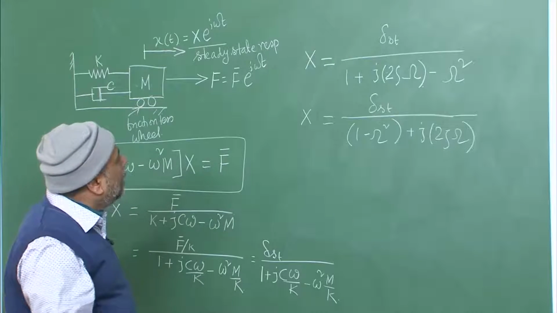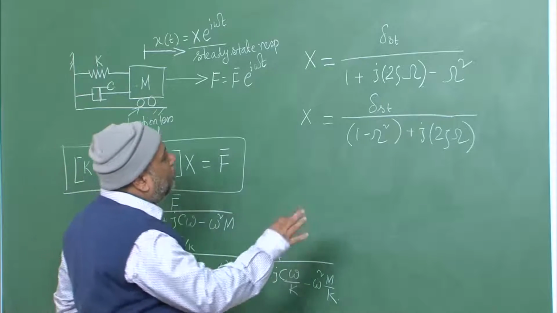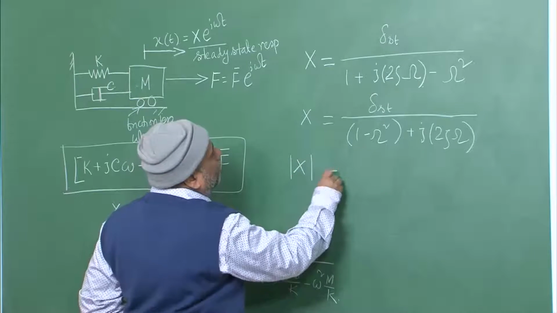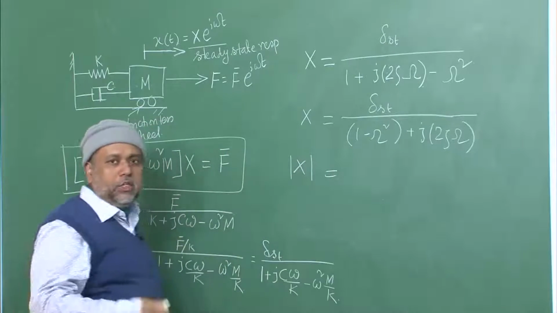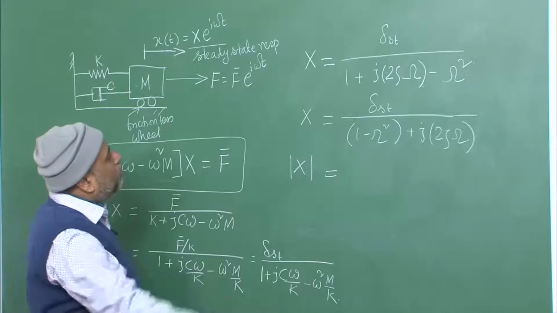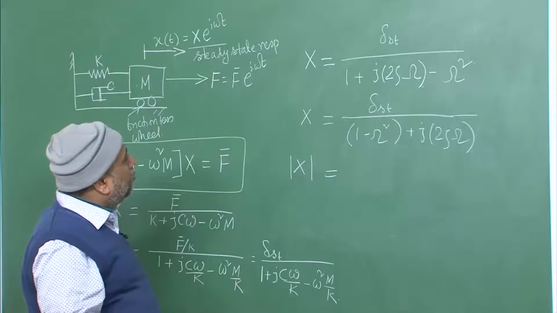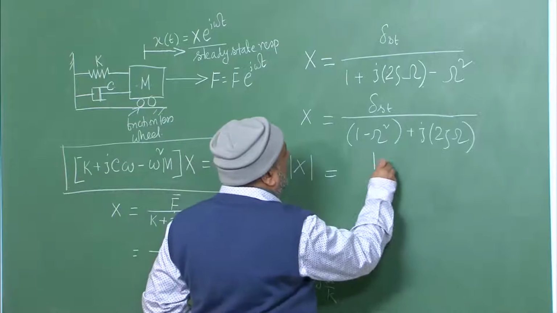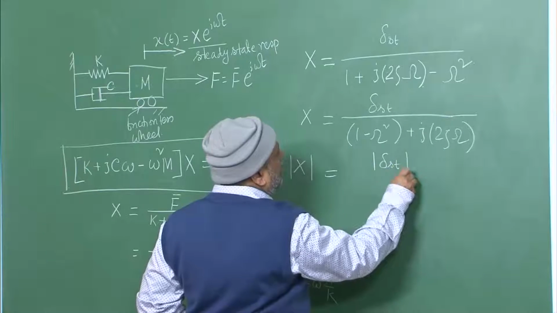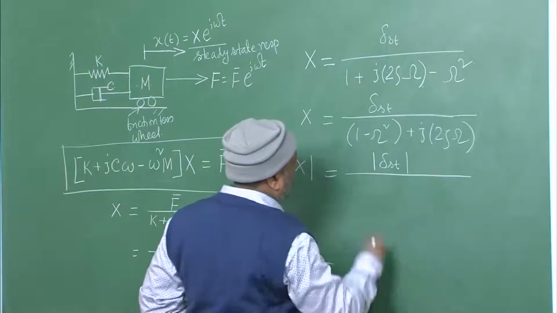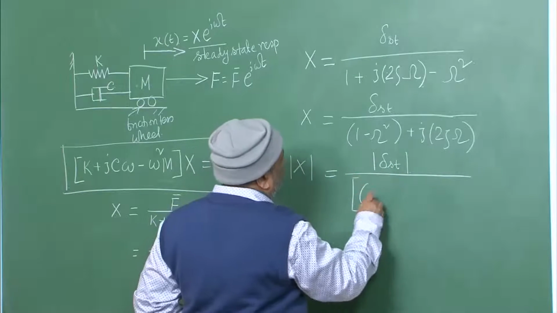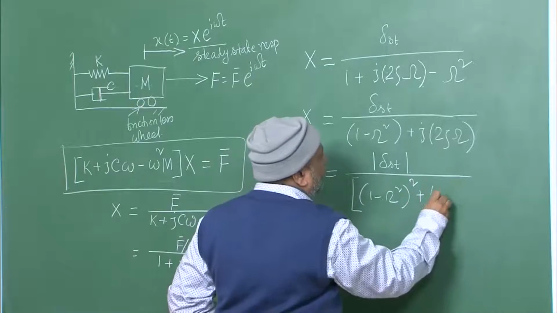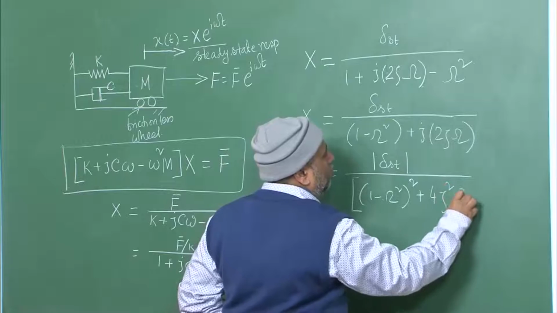Now, let us say that we want to find out the amplitude of the system. Because the response is complex, if we want to find its amplitude, it will become the amplitude of delta static divided by the square root of the whole thing, 1 minus omega square whole square plus 4 zeta square omega square.